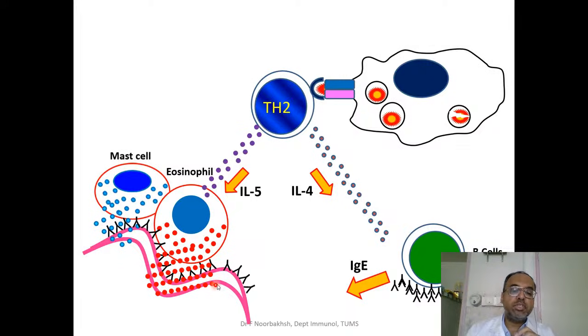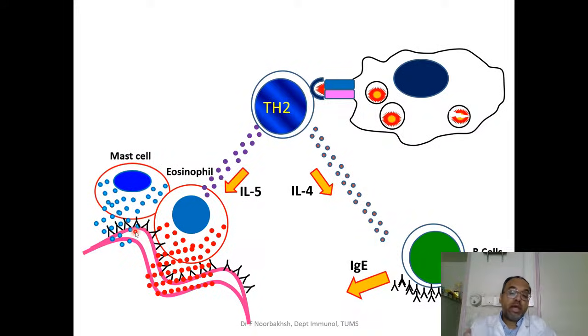If you have a worm which is inside tissues, it's more important for the eosinophils to get activated and get rid of the worm. But if you have a worm which is inside the gastrointestinal tract, which is the case for a lot of helminths, then the function of mast cells would be more important. Because if a worm is inside the lumen of the gastrointestinal tract, secretions from eosinophils might not reach there.